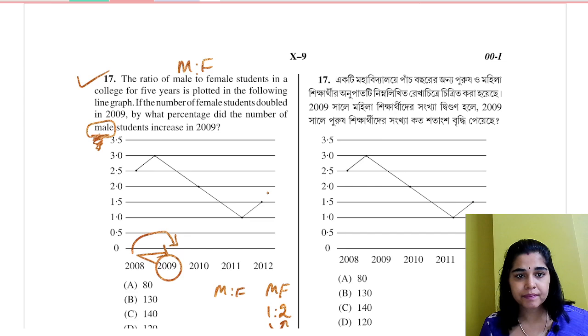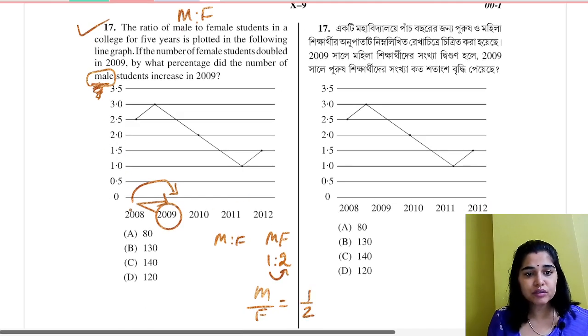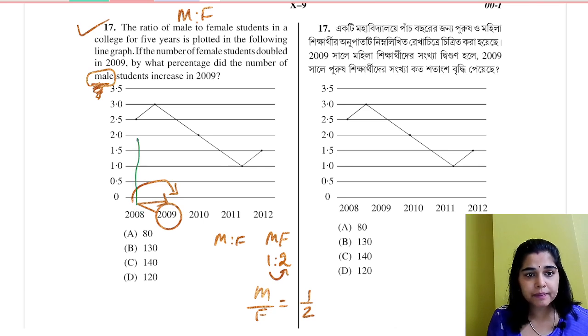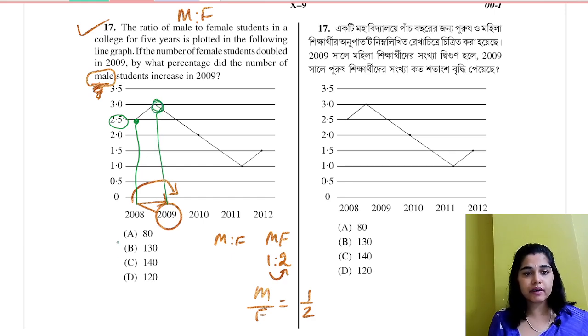So let's see. In 2008, they have data of what? They have data of 2008 and they go up. You will see here 2.5. And in 2009, just go, you will get here 3. This is the ratio there. So what are they saying?